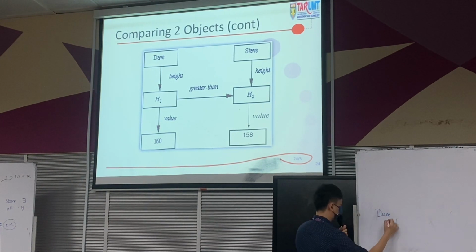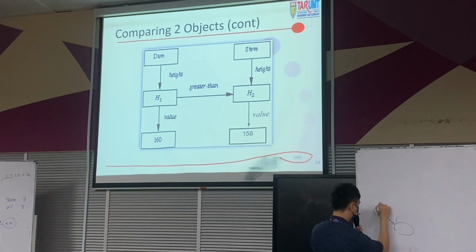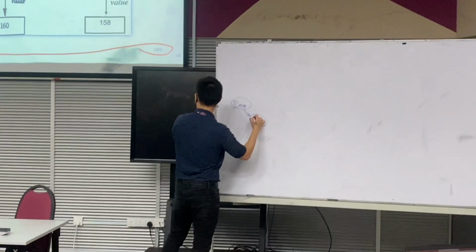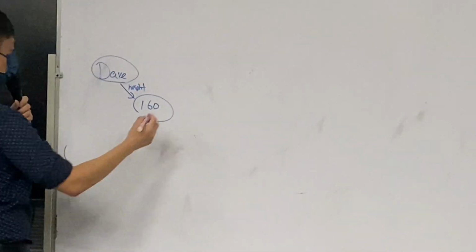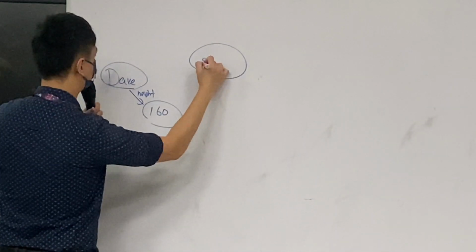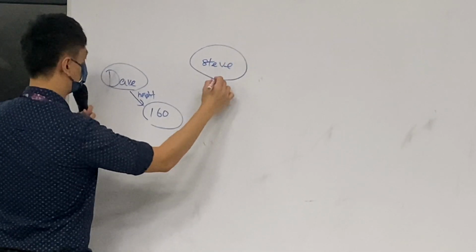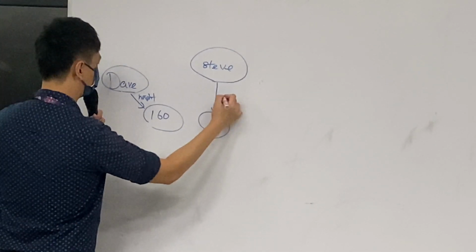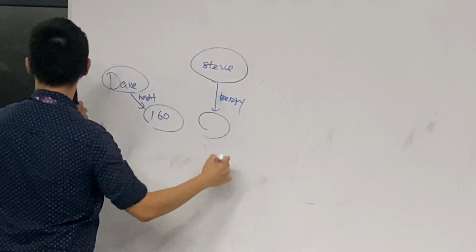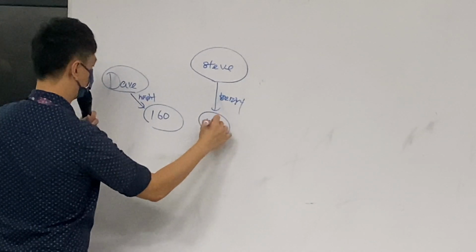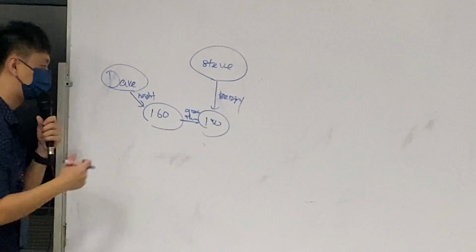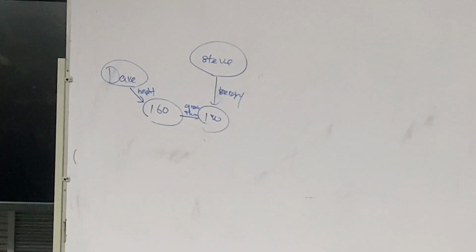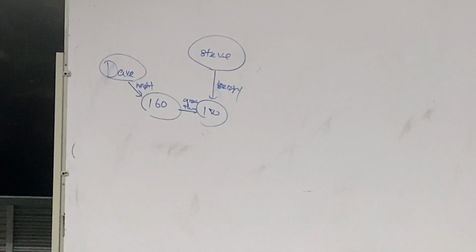The relationship between that and this is a value, maybe 160, right? Okay, and then you have another concept called Dave, and also you have a height of 158. So this is greater than. It depends. It's very flexible to use semantic networks. Okay.